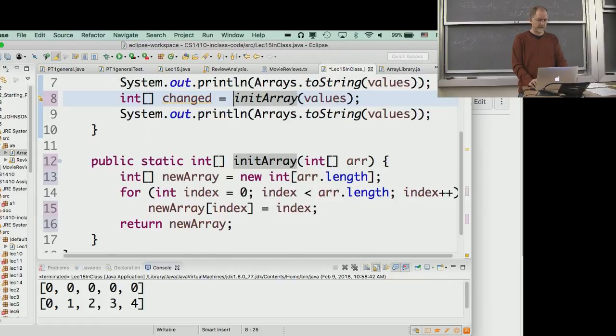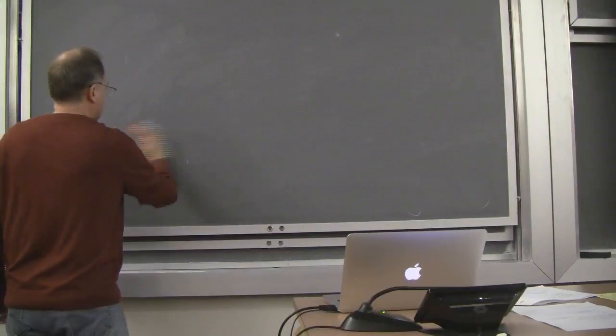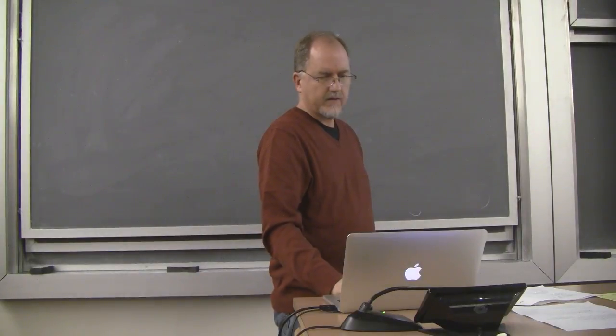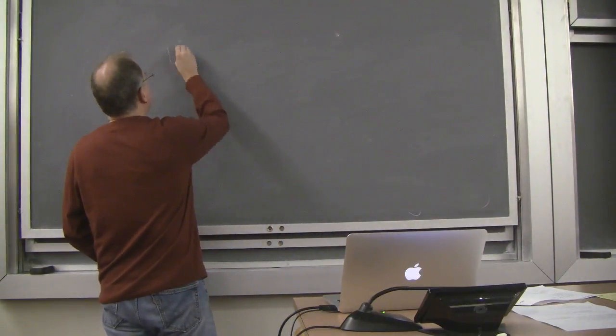Okay, now the weird thing is, let's go through the objects in this a little bit more detail. All right, so in main, I have values.